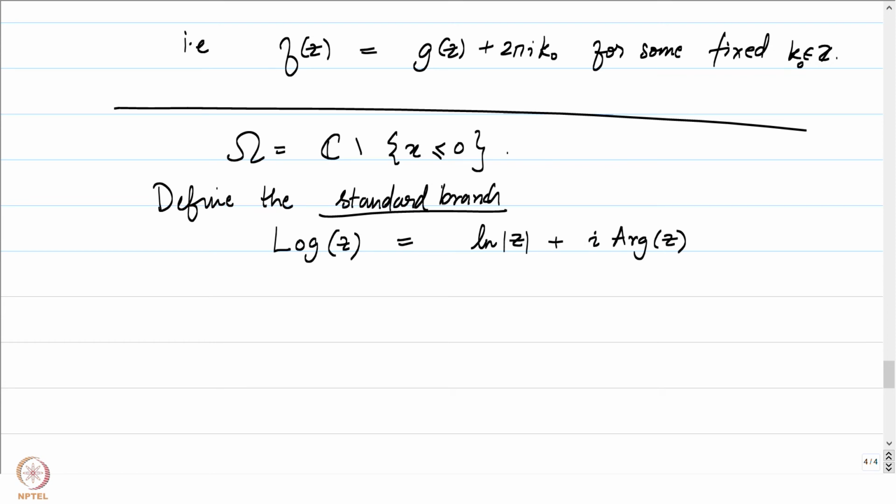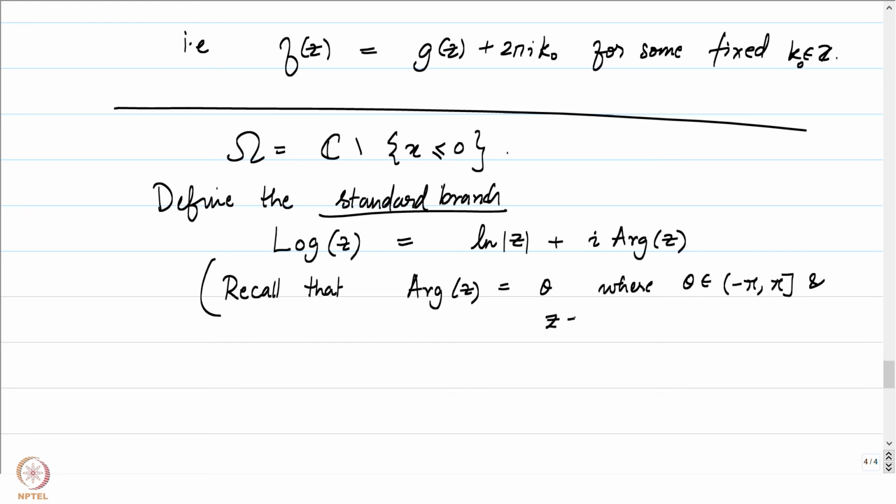This is defined as, what was capital Arg? Let me recall that for you. Recall that capital Arg of z, for z in C star, was theta, where theta belongs to minus pi to pi, and z is equal to the absolute value of z times e to the power i theta.